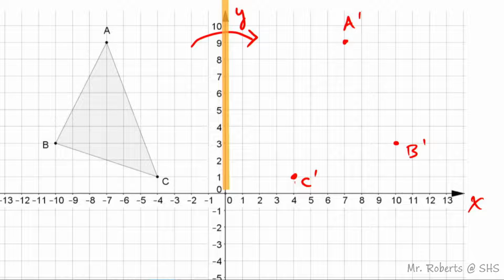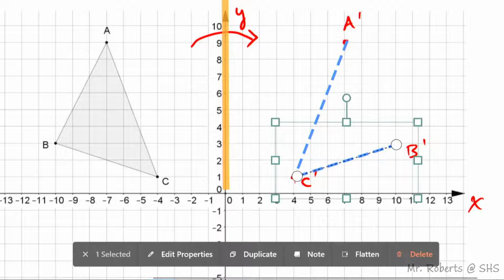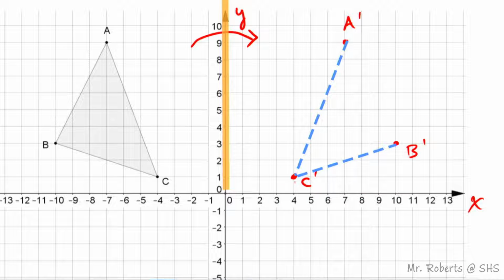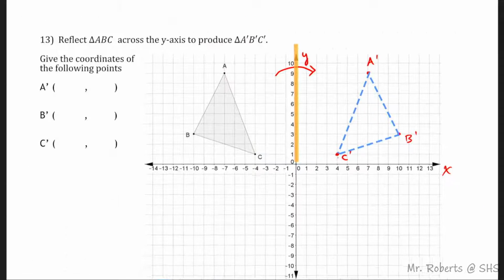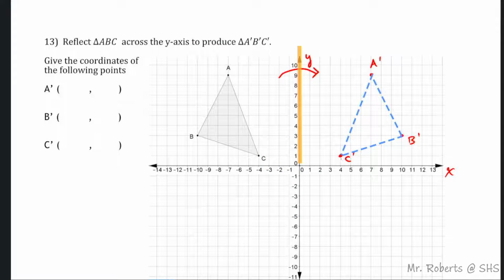What is changing are the x values. The x values are just becoming the opposite of what they were. So I'll go ahead and connect these. Oh, I didn't want that to be a dotted line. Oh well, I'll deal with it. There we go. So we've done this reflection. The last part is, what are the coordinates of the images?